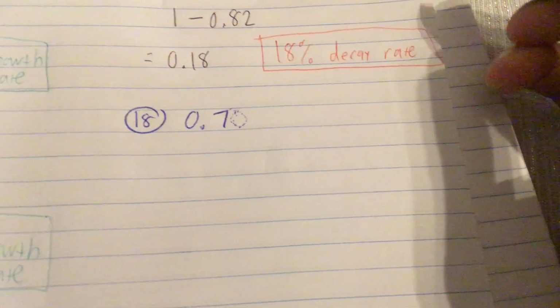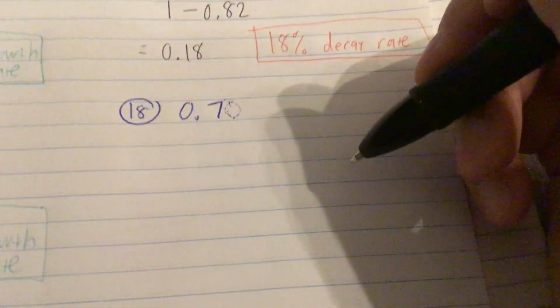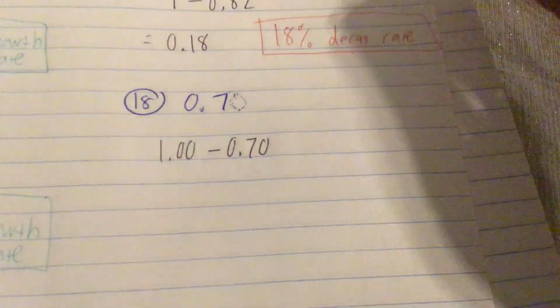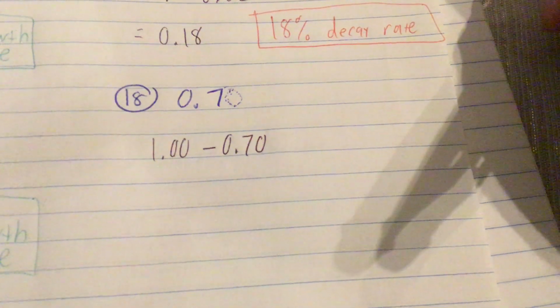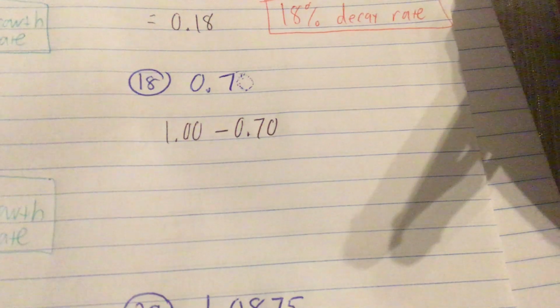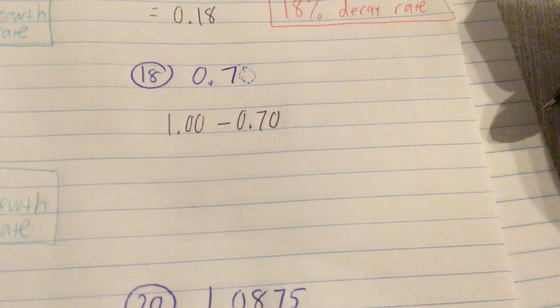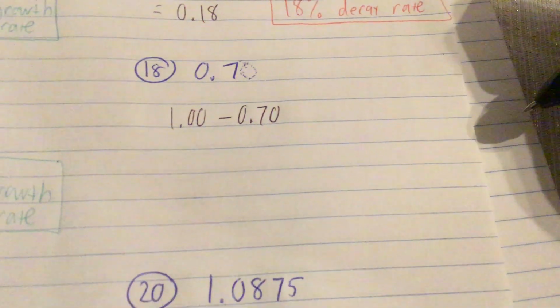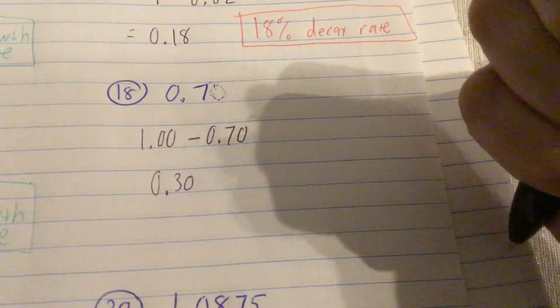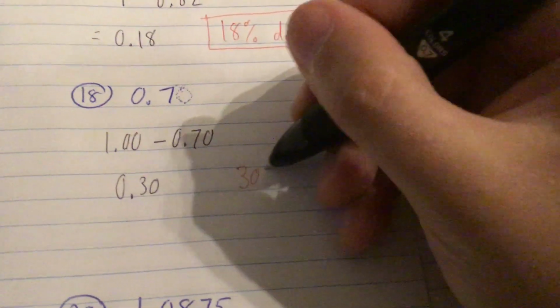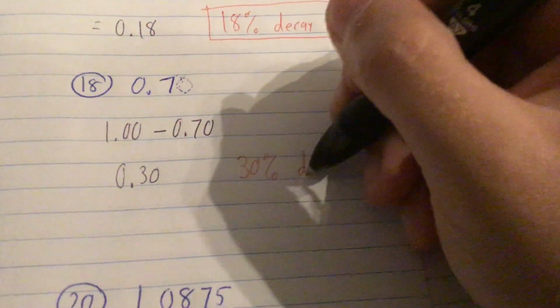What that means is that it's going to decay. Let's figure out how much. If I take 1 and subtract 0.70, what this tells me is it retains 70%. So that'd be 0.30, which tells me that 0.70 has a 30% decay rate.